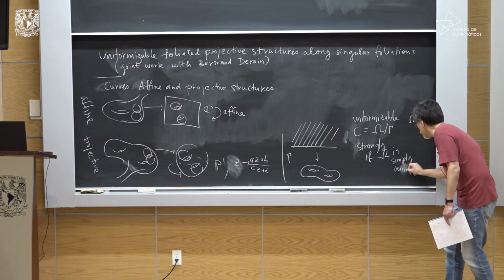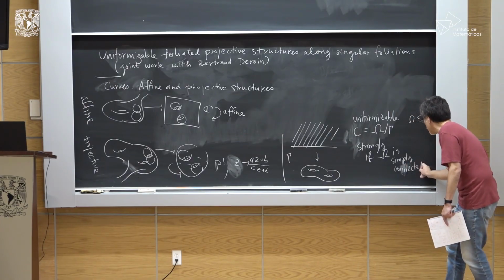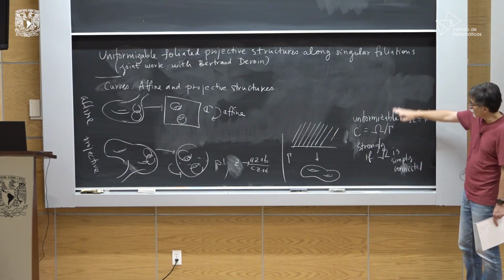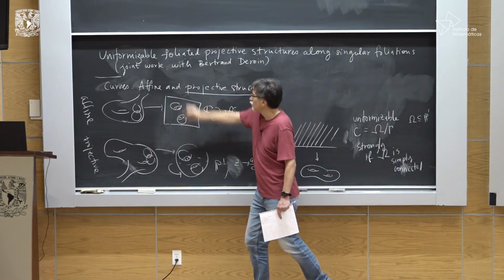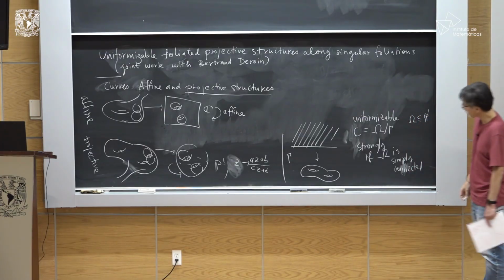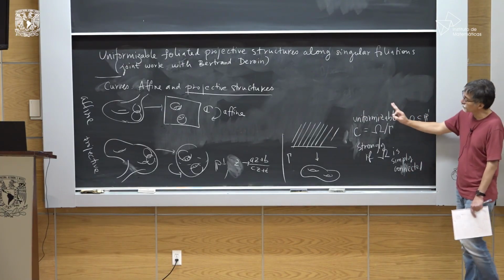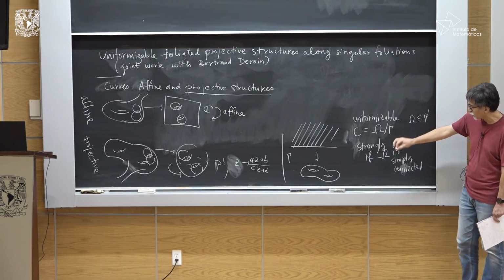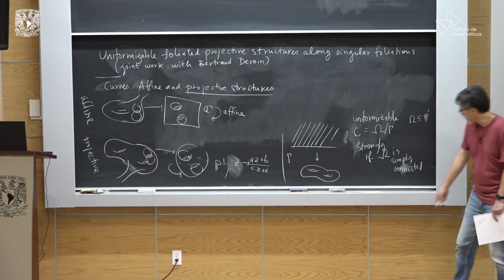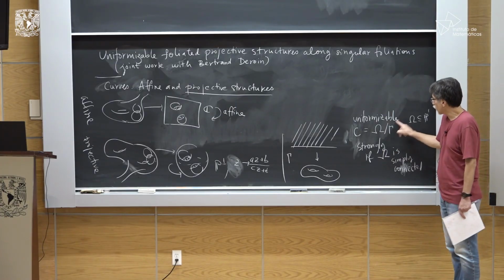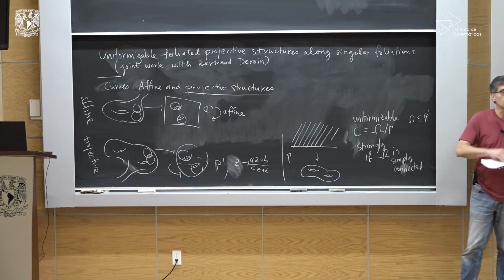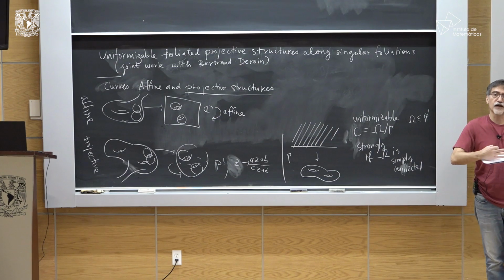So this is not what Ilyashenko called strongly uniformizable. I'm talking about uniformizability of projective structures on curves. Okay? So no foliation for the time being, just complex curves, one-dimensional curves. So strongly uniformizable means you're the quotient of a simply connected set.